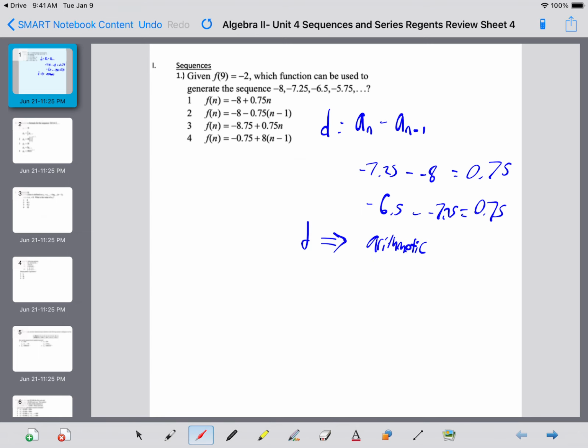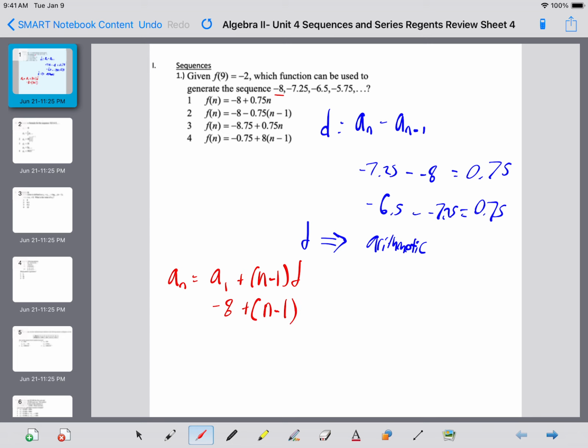Your arithmetic sequence formula, which is on your Regents reference sheet, is a sub n equals a sub 1 plus n minus 1 times d. Your first term is -8. Let's leave the n abstract, right?